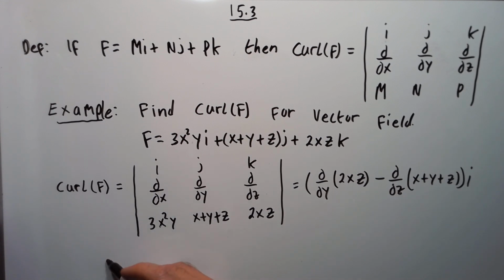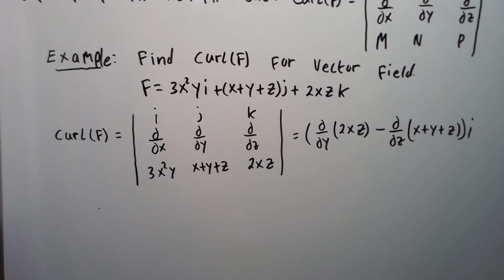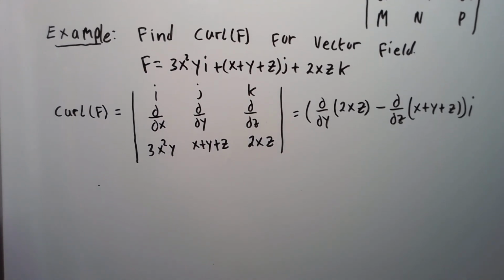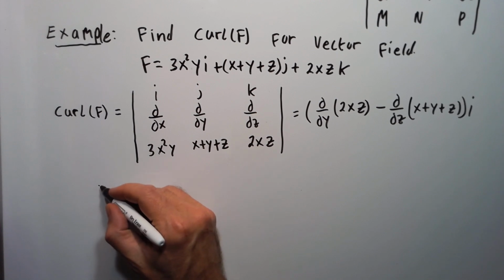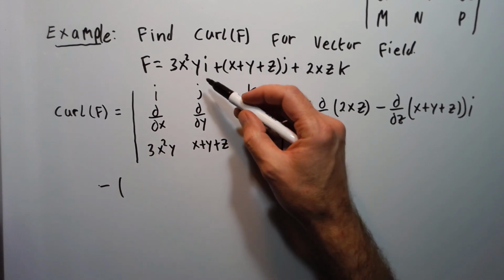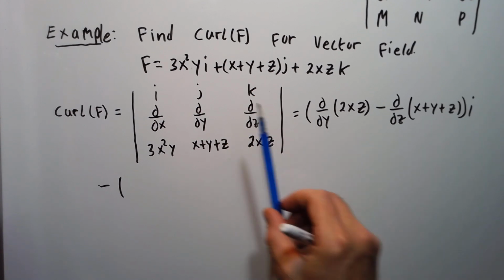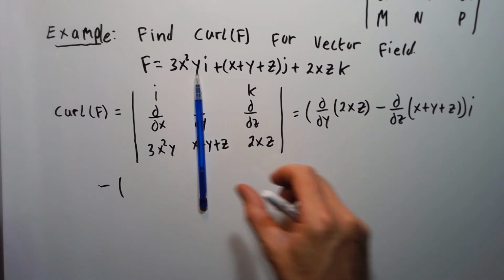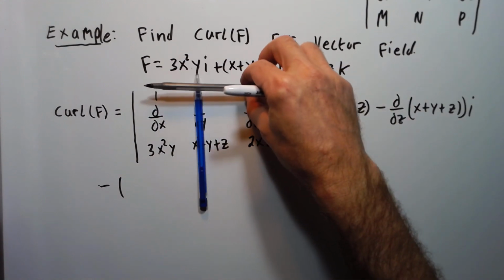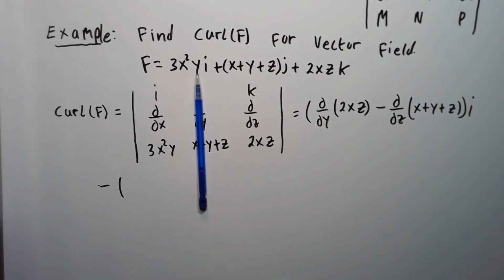Okay, then bring it over here. Then we'll do the j component next, just like in the cross product. We'll have a minus then. So you take away the j column and the row.